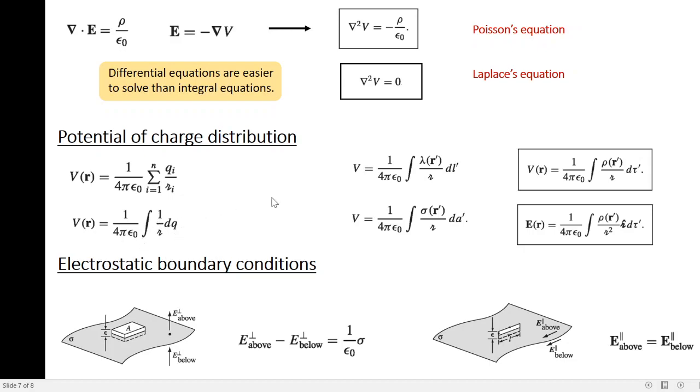And dq you can write either in terms of the line charge density lambda, the surface charge density sigma, or the volume charge density rho. So you can compare the expressions for potential and electric field here. It looks almost the same, just that you have 1 over r here and 1 over r square here, which means as you move away from the source, the field is going to die down more quickly compared to the potential. And of course, this is a vector and this is a scalar.